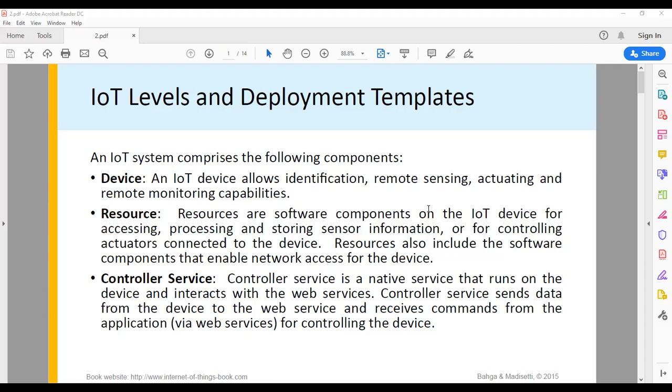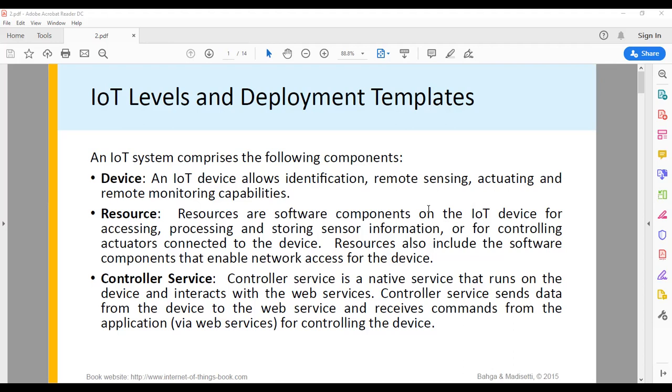There are many resources used in an IoT system, like different kinds of software and hardware, also internet services and a network for communication. Then there are controller services to control or monitor the data or to control the IoT device.